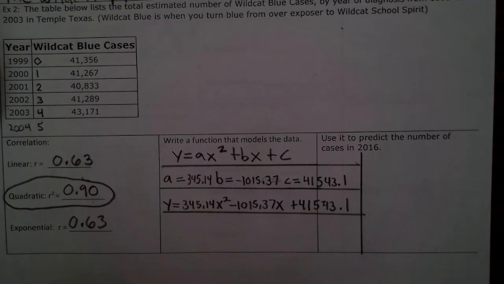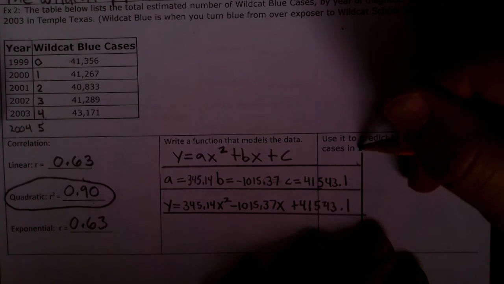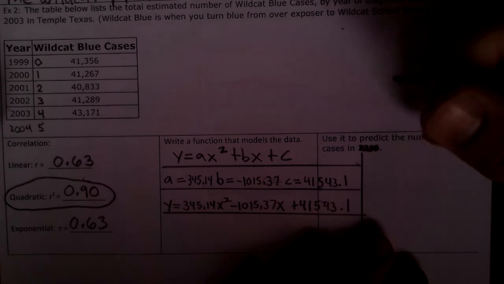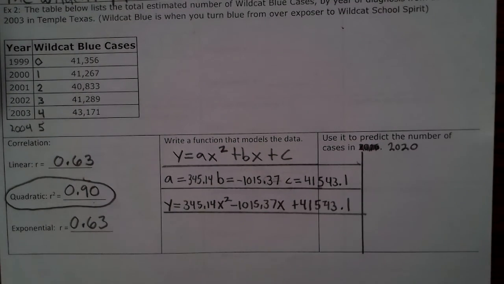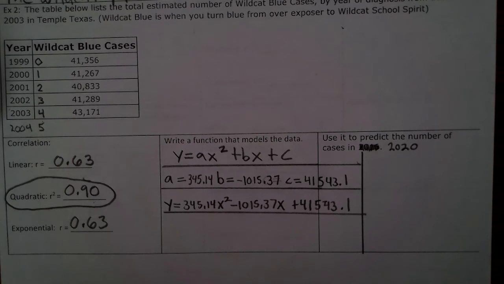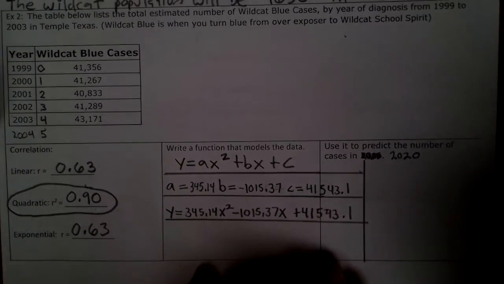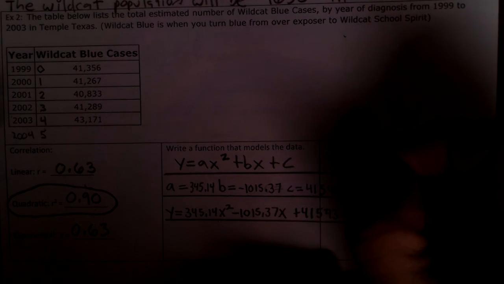All right, now if 1999 is 0, then if we take 2020 minus 1999, that will tell us the number in the table needs to be. So let's calculate that. 2020 minus 1999 is 21, so that'd be year 21.